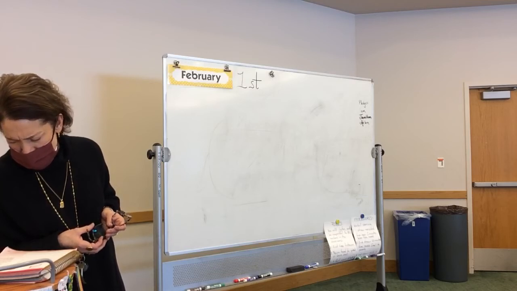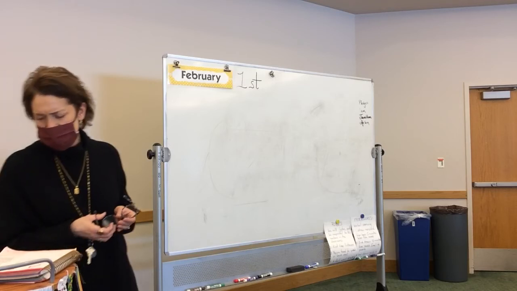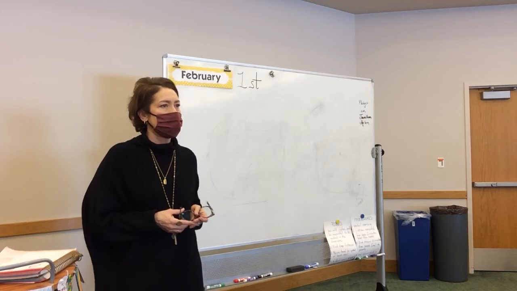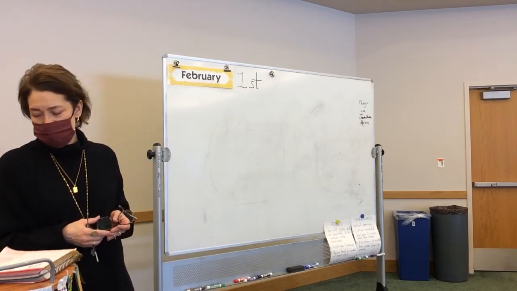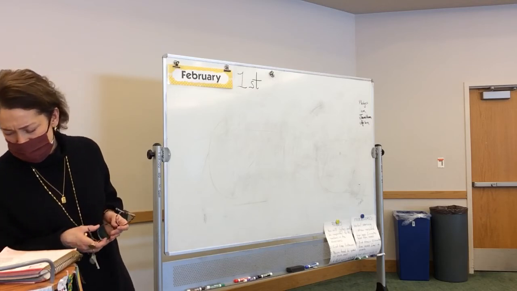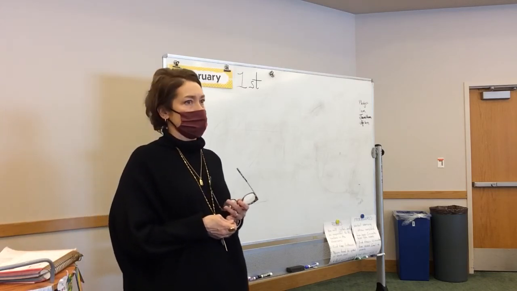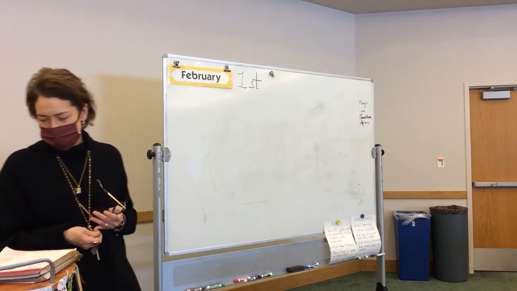720 plus 150. Does 720 stay 700 or do we round it up? Luke. It stays because 2 is lower than 5. So we have 700 plus, does 150 stay 100 or do we round it? Cole. Round to 200.